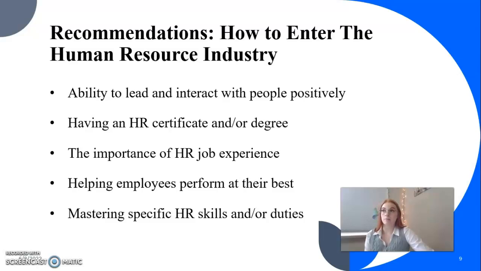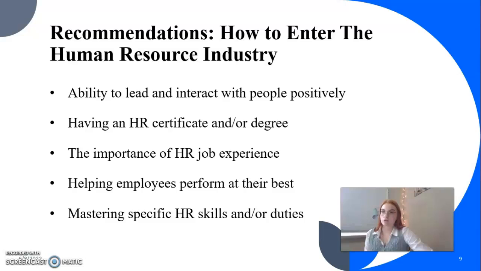And there's a lot of different jobs and duties for an HR professional, and it varies by company and what they delegate to the HR person. So learning if that's a job for you by having experience and working at various different jobs is important.